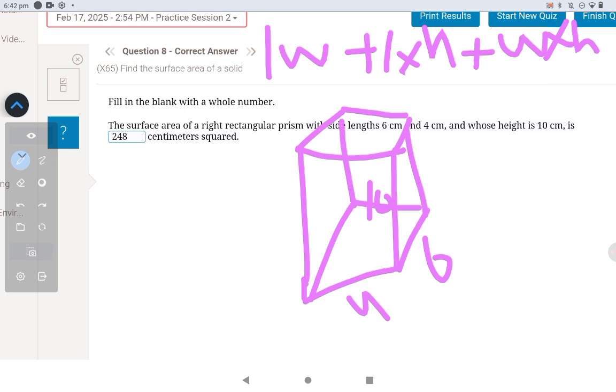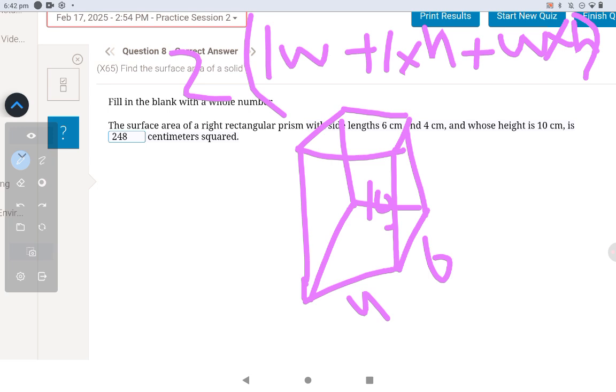Now if we do that on the calculator, multiplied by 2, all of that. So 2 times length times width, then plus the length times height.